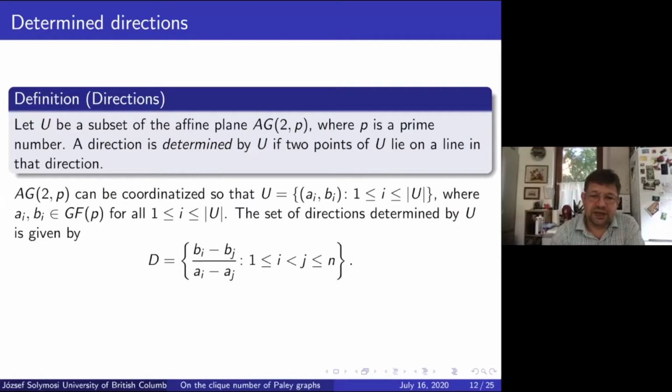This is how we define the set D. You have points. For every point, you have two coordinates a_i, b_i, and the directions are defined like this, as you would do in Euclidean geometry. There is no difference at this point.